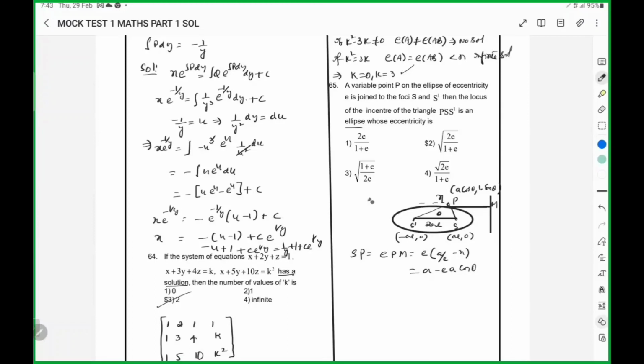Here you have another directrix. This is S dash P. Sorry, this is SP. Regarding S dash, for the S dash focus, you have another directrix.